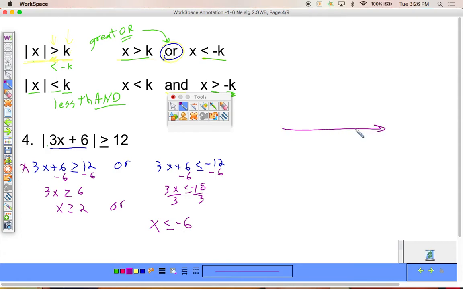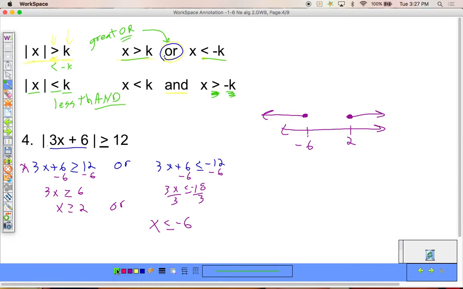So now to graph this, I'm going to go negative 6, 2, closed circle to the right above 2, closed circle to the left above negative 6. What I need to find are all the values of x that'll make one of these true. All right, so if I pick a number here on the left, it's going to make x is less than or equal to negative 6 true.